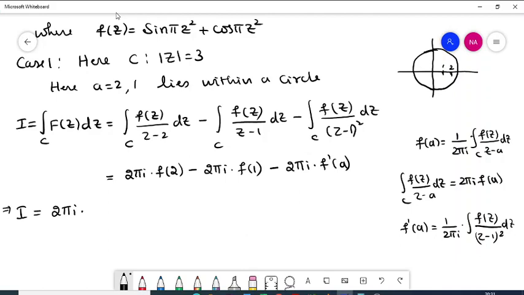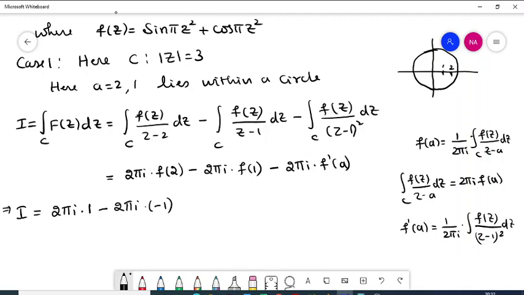Sin n pi is 0 for any integral value of n. Cos n pi will be minus 1 if n is odd, plus 1 if n is even. So cos 4 pi is 1. So you get 2 pi I only, minus 2 pi I into f of 1, sin pi plus cos pi, minus 1.